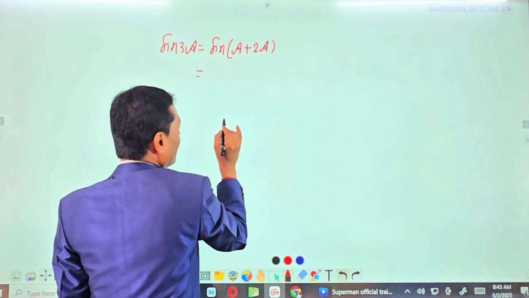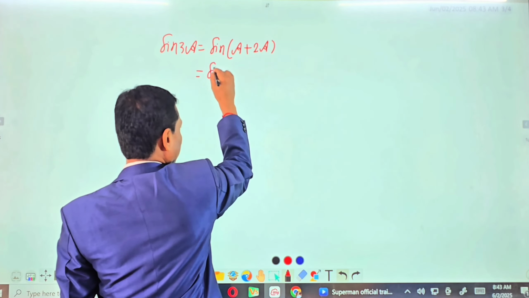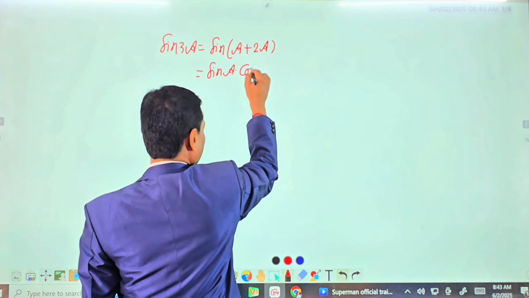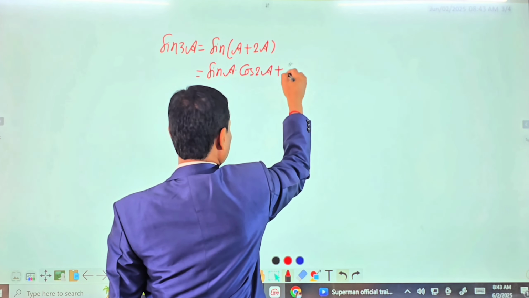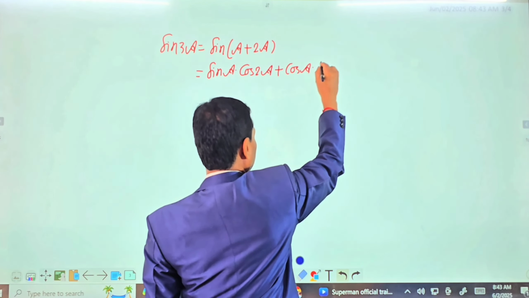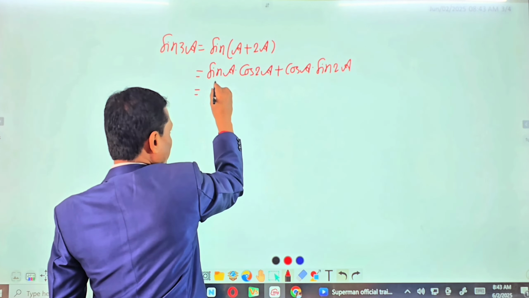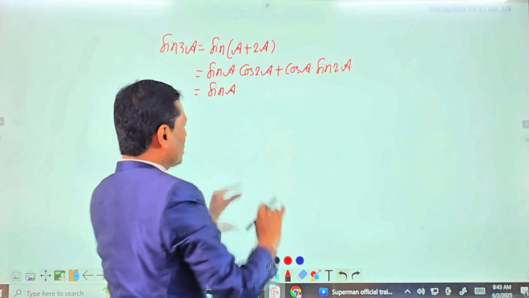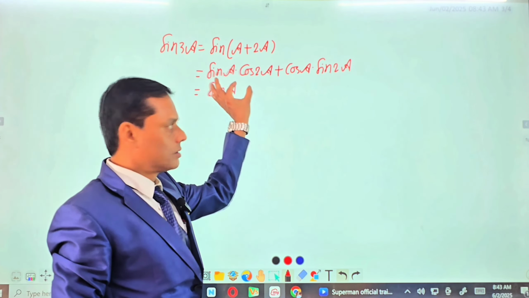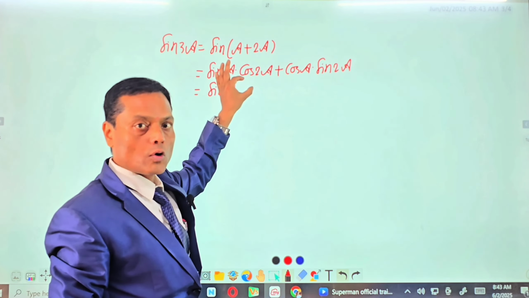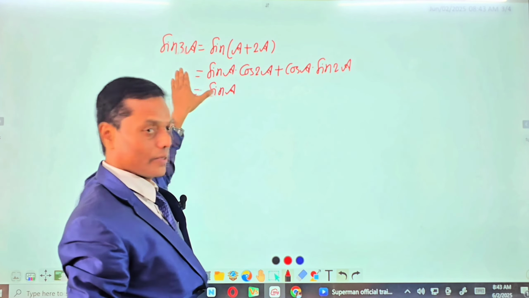Now the compound angle formula of sin(A plus B) is sin A dot cos 2A plus cos A dot sin 2A. Now it's a sin A. So we have already proved or derived the formula of cos 2A in terms of sin as well.